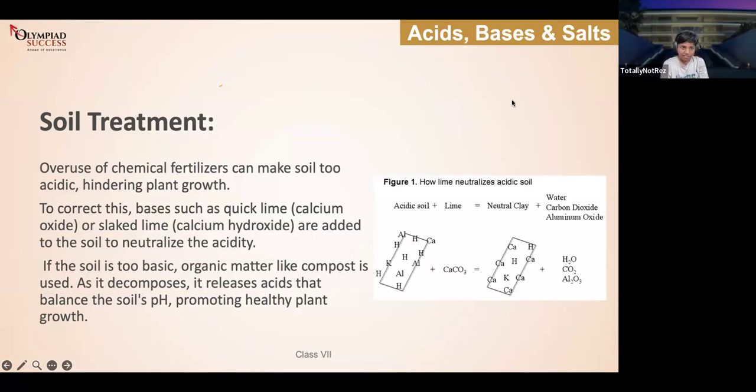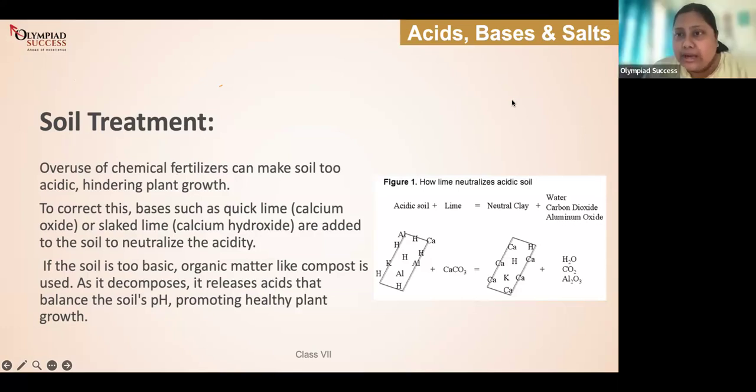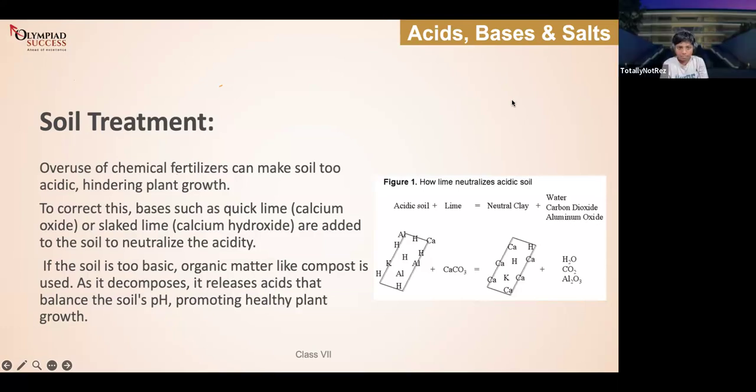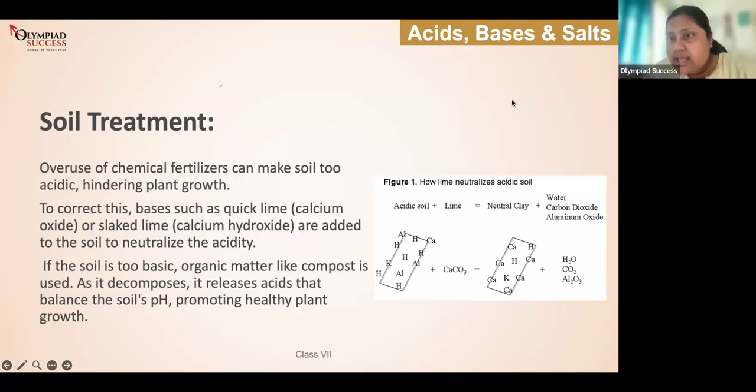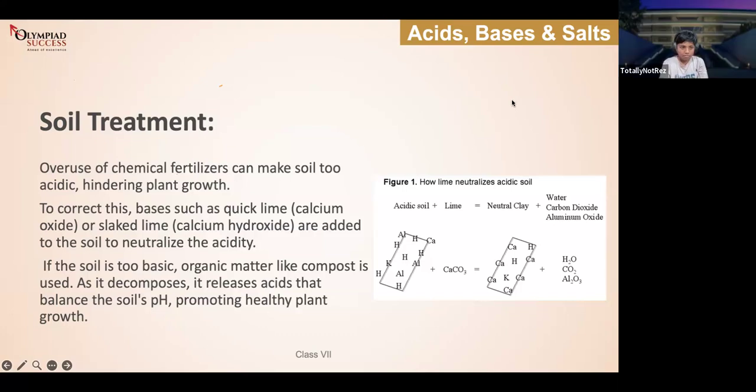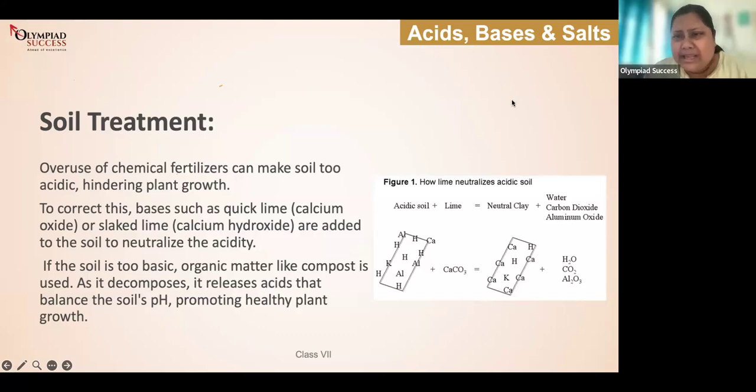They'll put the white lime powder on the soil so that the acidity that has accumulated in the soil will be reduced. Clear? And there are so many other types of bases that you can use. But when you use base in your soil, it will form a neutral soil that is best for plant growth.